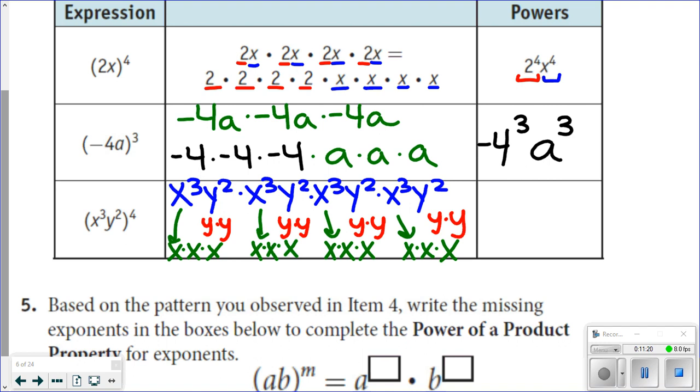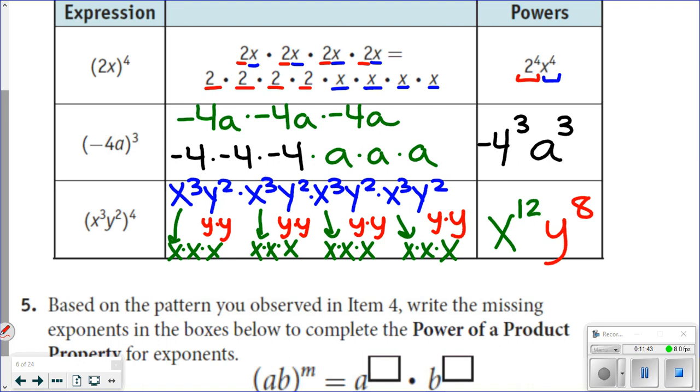And now let's count up my total x's. 4, 5, 6, 7, 8, 9, 10, 11, 12. So x to the 12th power. And y to the 8th power.